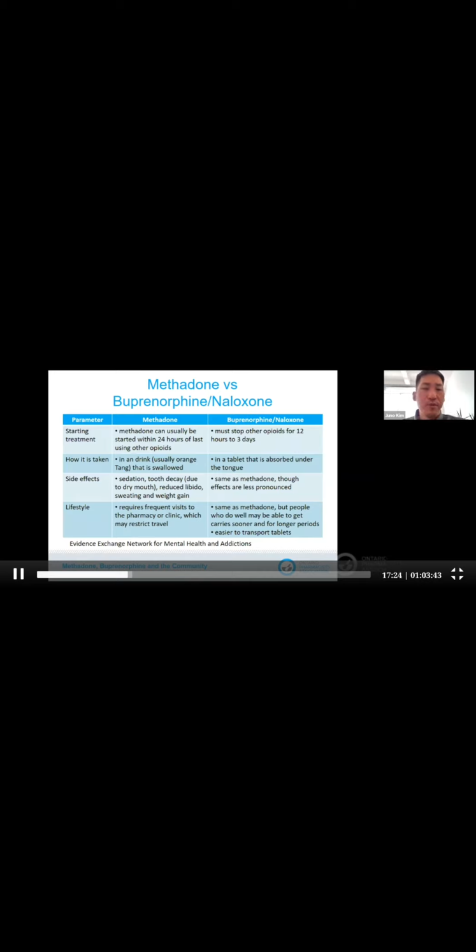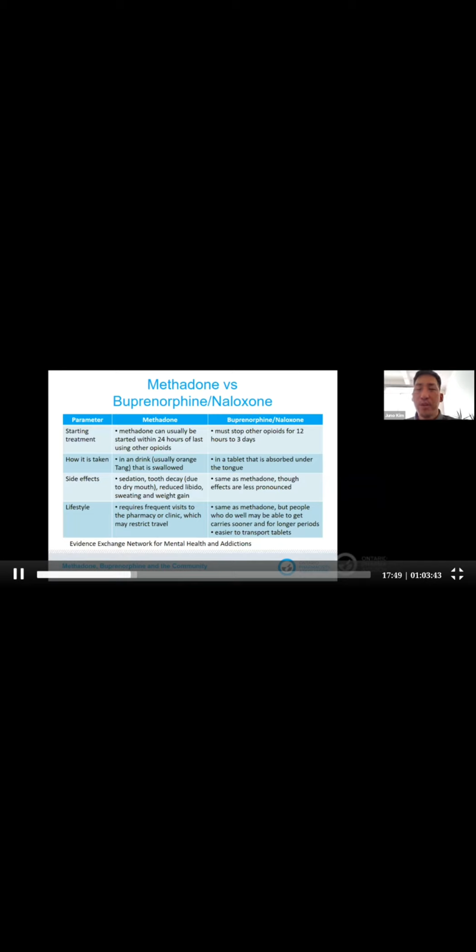Also, a few differences are the initiation. So with buprenorphine naloxone, obviously we know that they have to be opioid free for a certain amount of time to prevent precipitated withdrawal. However, once they are started, we can easily titrate up the buprenorphine naloxone dose much quicker.